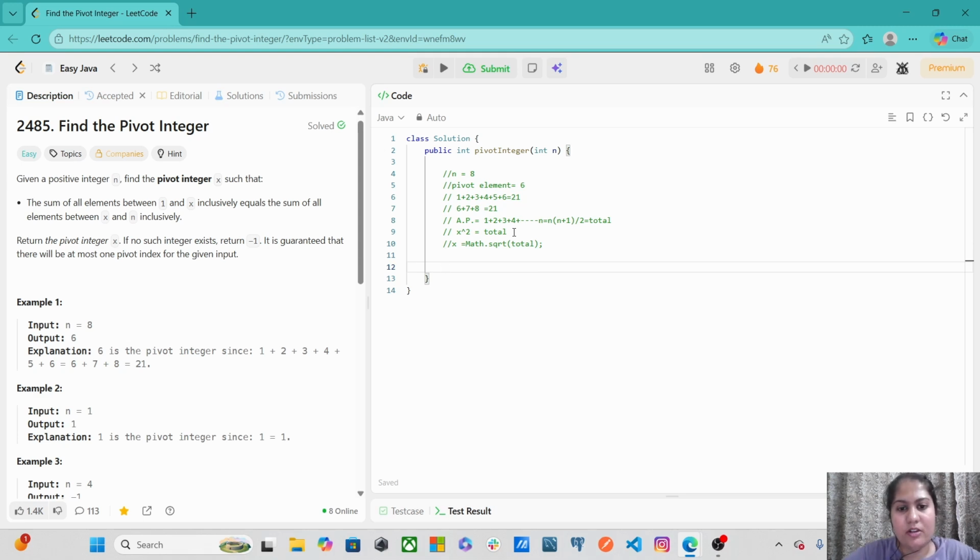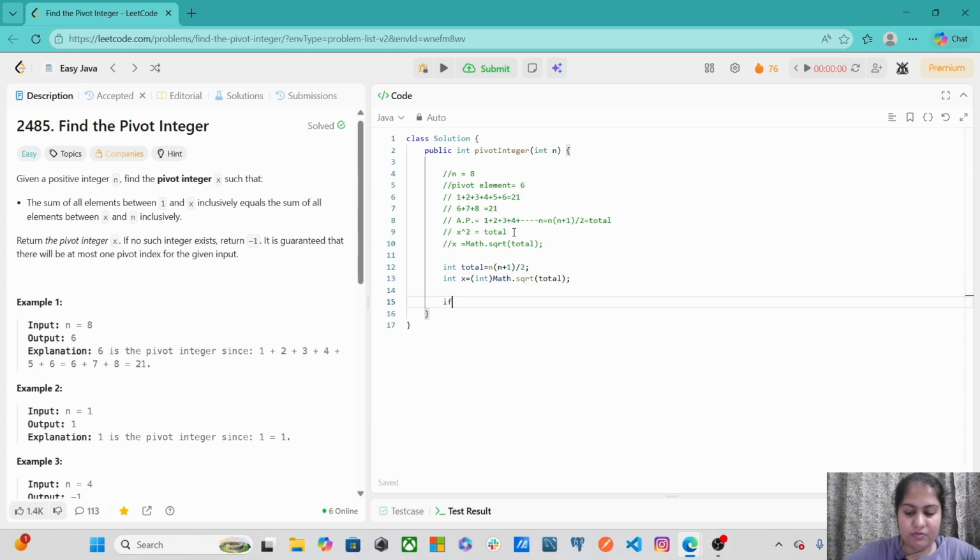So let's solve this approach. What we'll do? First of all, we'll calculate the total, using the arithmetic progression formula, that is n into n plus 1 divided by 2. Then to calculate x, we'll calculate math square root of total.